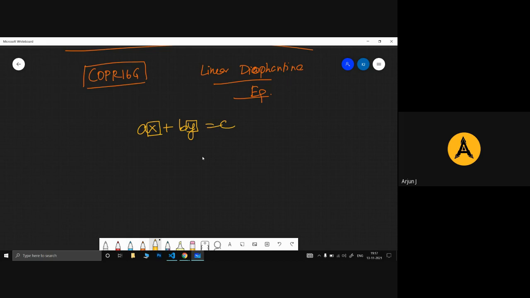So the equation will be of this form: ax plus by equal to c. This is known as a linear Diophantine equation. And according to the proofs given by mathematicians, the solution to this equation exists only when c equals the greatest common divisor of the coefficients of both the variables, that is, a and b.